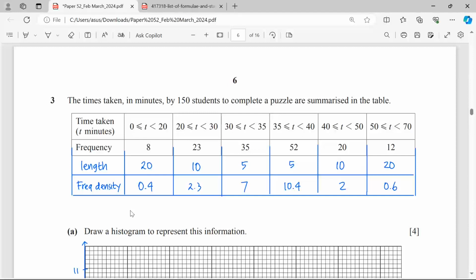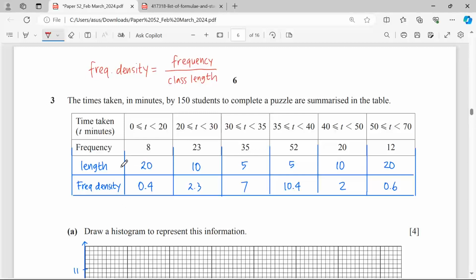Okay, how to calculate frequency density? So frequency density can be calculated by, you have to know the frequency of the class and then divided by the class length or the interval length, like this.